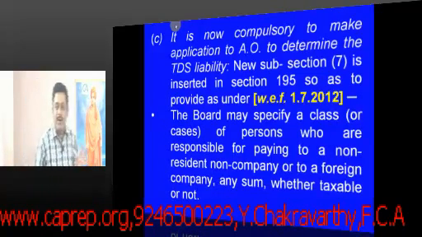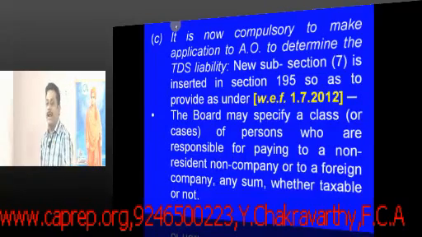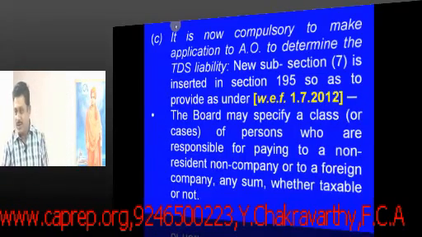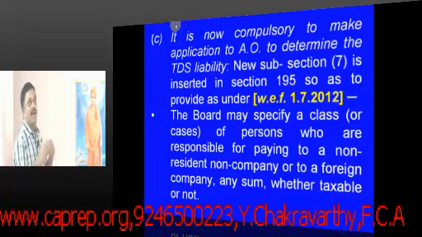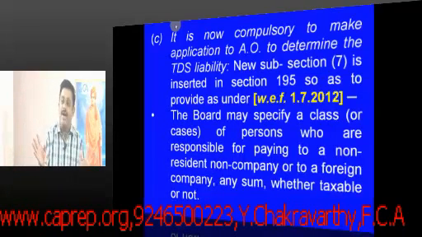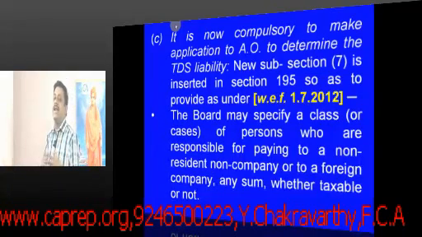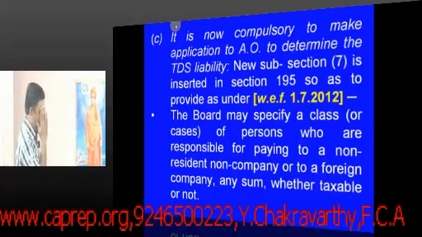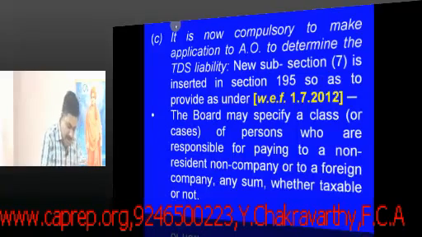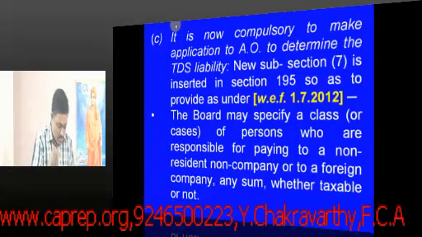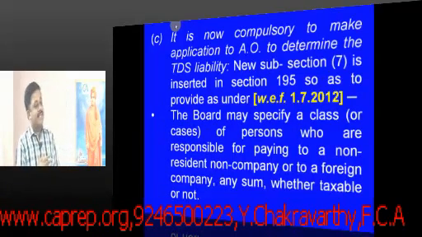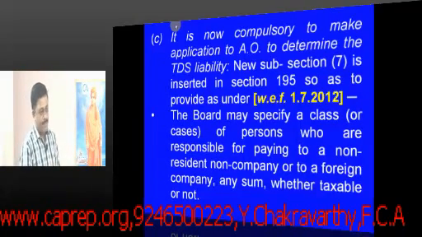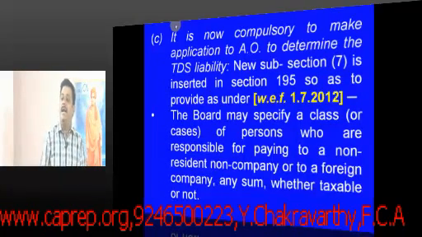If I say it does not attract, based on the chartered accountant's opinion, we have not deducted the tax at source, kindly don't treat us as assessee deemed in default. Now a full stop is put to that particular drama, and they said necessarily an application is to be made to the assessing officer. So these two things, kindly make note of.